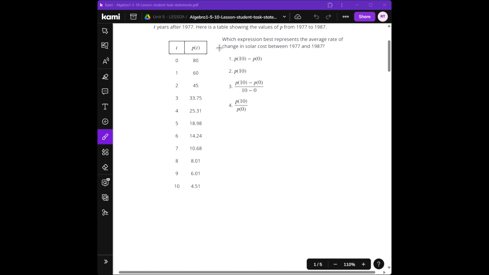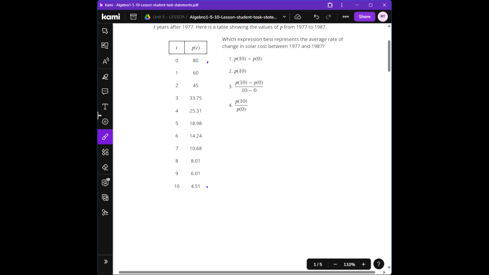The first one is basically the difference in cost for a solar cell between 1977 and 1987. So we're looking at the change between these 2 points.